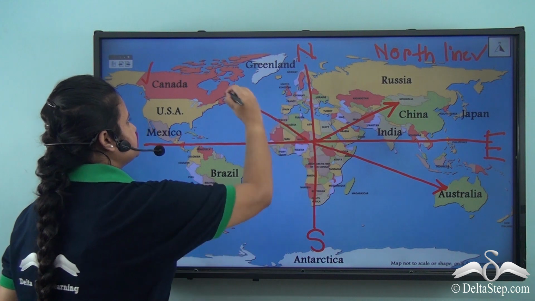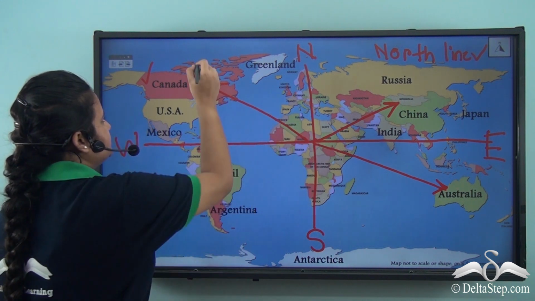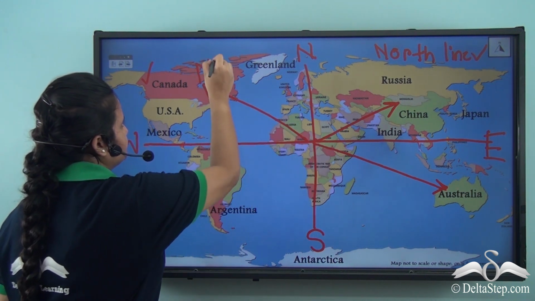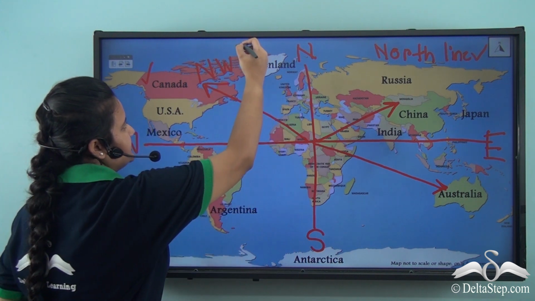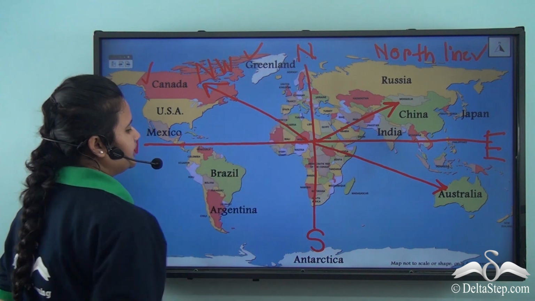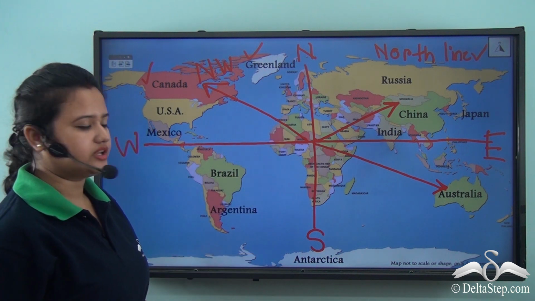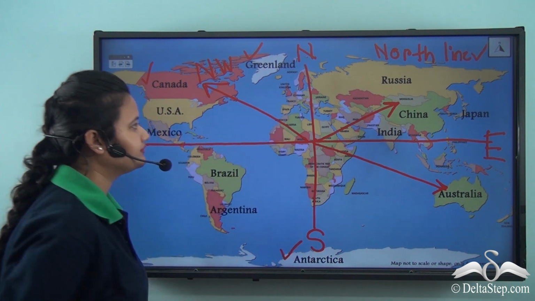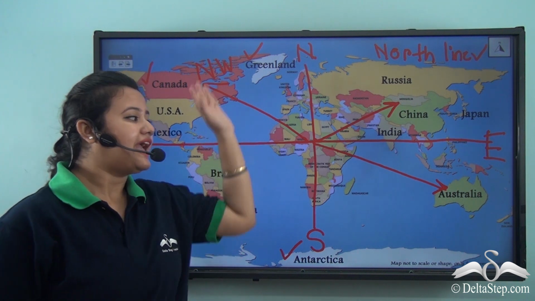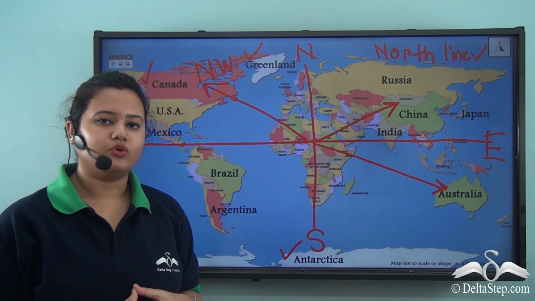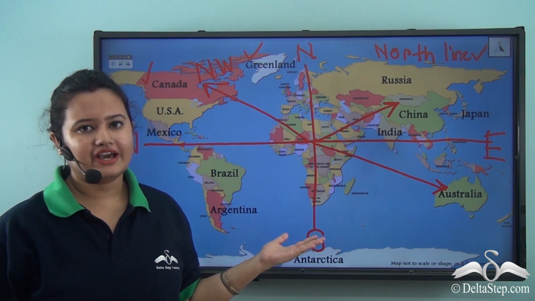So we can say that Canada is located in the northwestern part of the world. And Greenland, as we can see here, is exactly located at the north, and Antarctica is located in the south. So this is how we can find the location of any given country on the world map using cardinal directions.